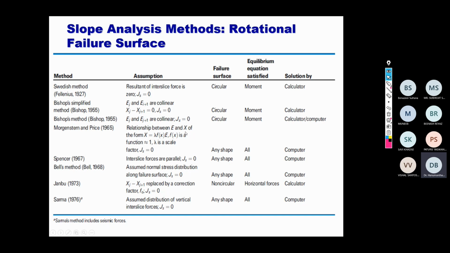And he also assumed any shape of the failure surface. Any shape means circular, non-circular, planar, non-planar, it could be anything, doesn't matter. And for equilibrium equations, it considers moment equilibrium, force equilibrium and everything. However, it requires a computer. You cannot simply solve it manually.